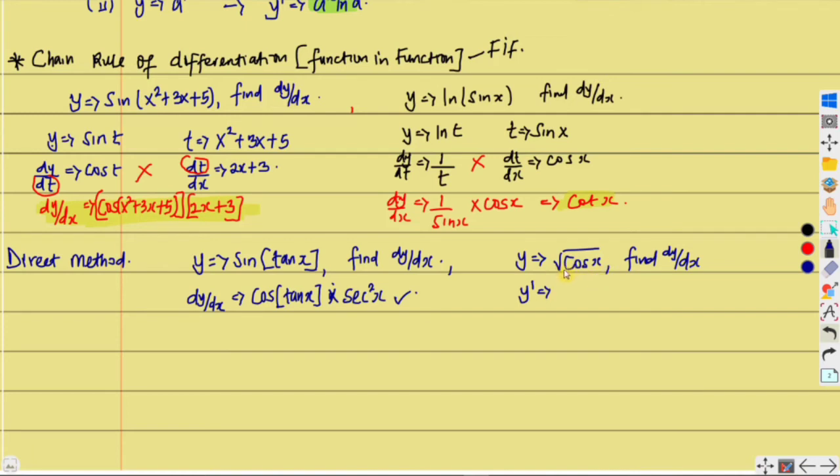So what I have left is the square root of t, and direct substitution under the algebra formula gives nothing but 1 all over 2 root t, which is cos x. I change it back, so t is cos x. Then I multiply by the derivative of cos x, which gives me negative sine x. So the answer to this directly will be negative sine x all over 2 root cos x.